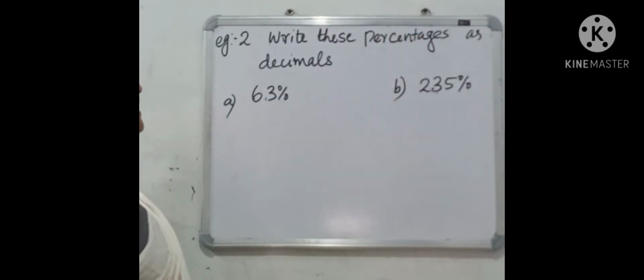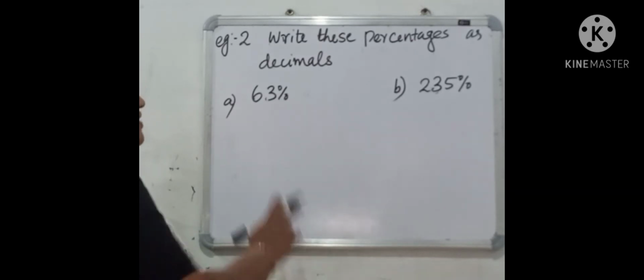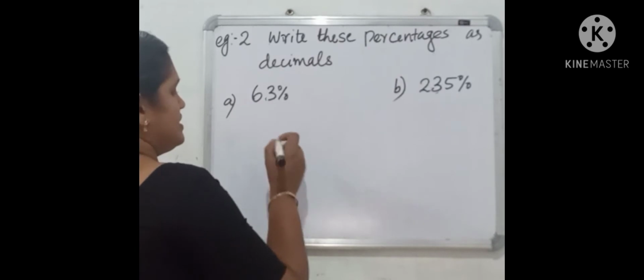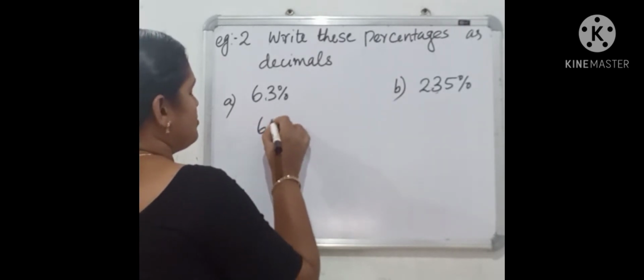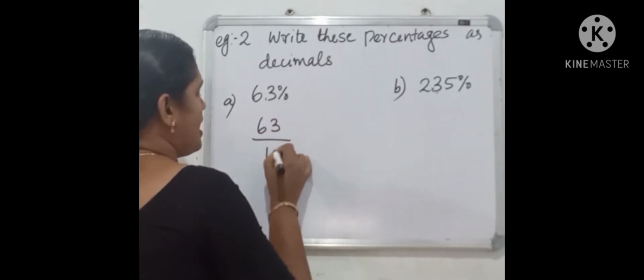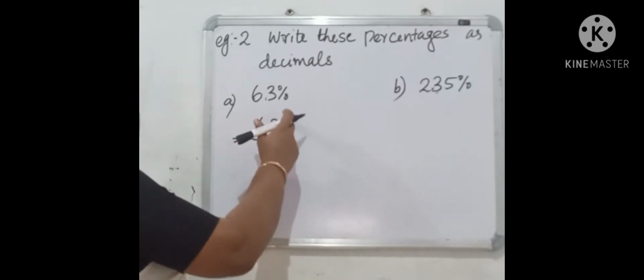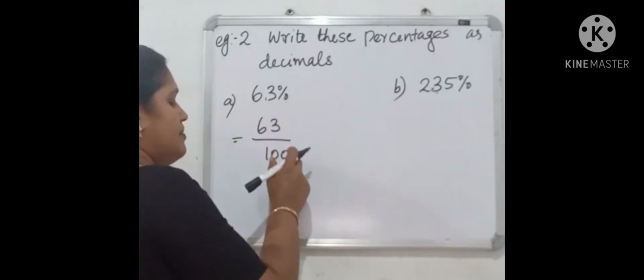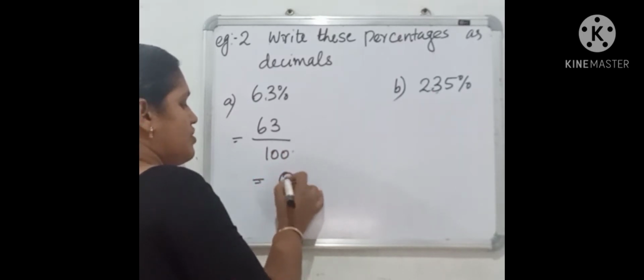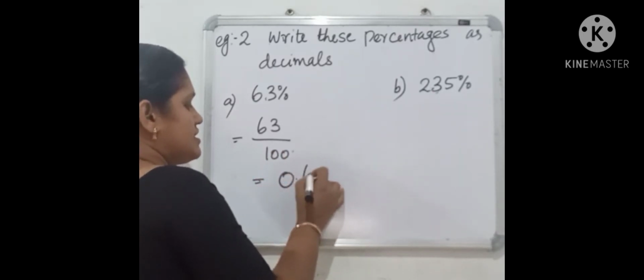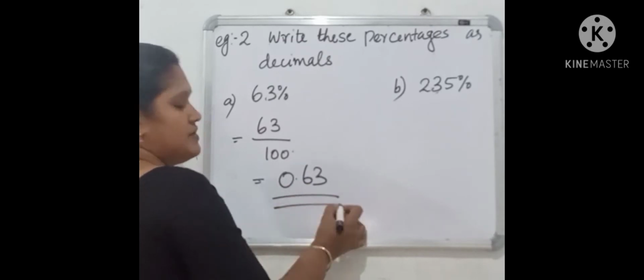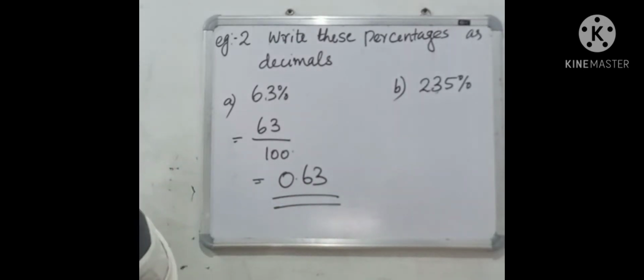Okay. Example 2. Write these percentages as decimals. First one, 63%. 63% equals 63 by 100. 63 by 100 equals 0.63.